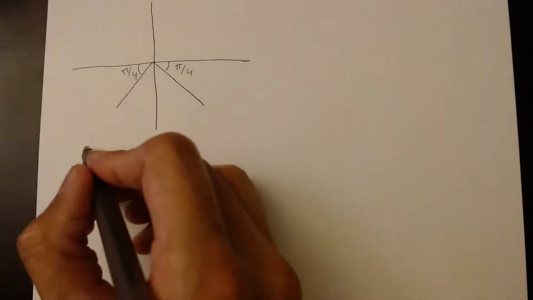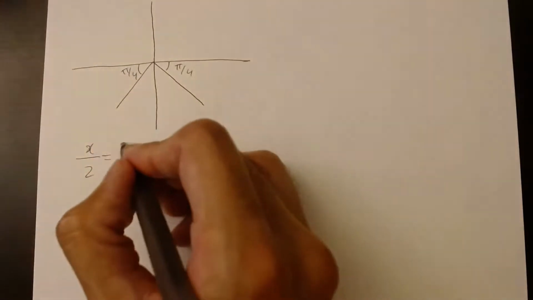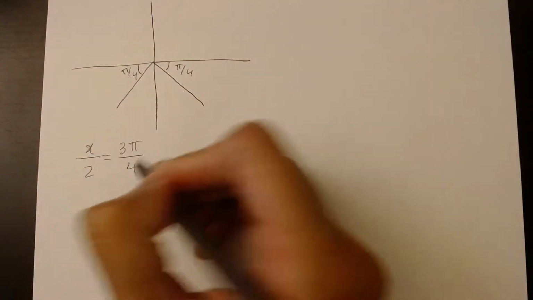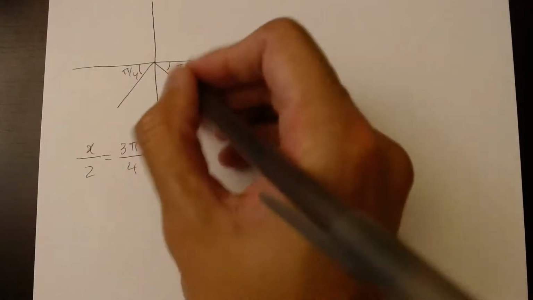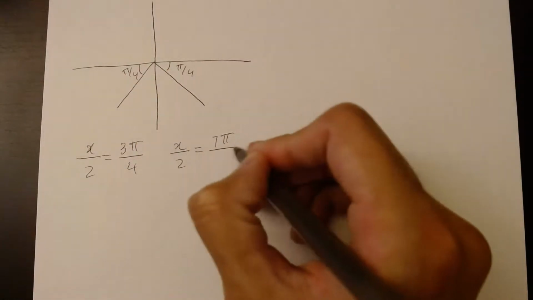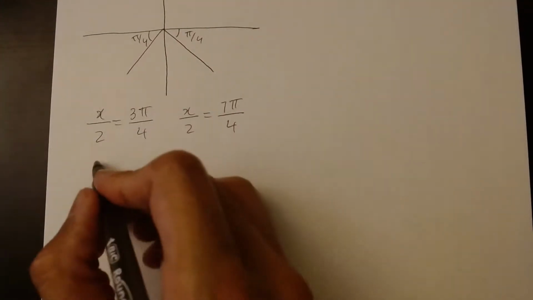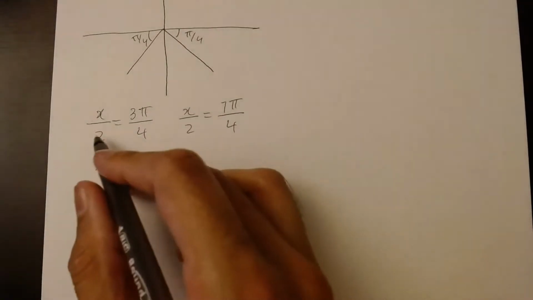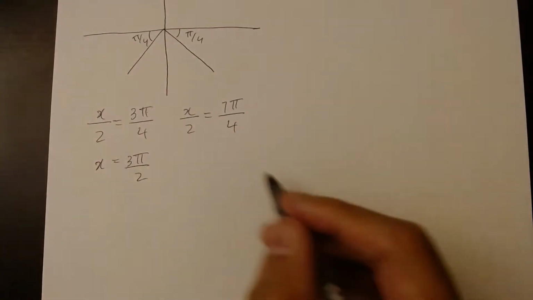So I know that x over 2 equals, my first solution is pi plus pi over 4, which is 3 pi over 4. And my second solution, x over 2, 2 pi minus pi over 4 is 7 pi over 4. I'll cross multiply the 2 to the other side. So I get x equals 3 pi over 2.